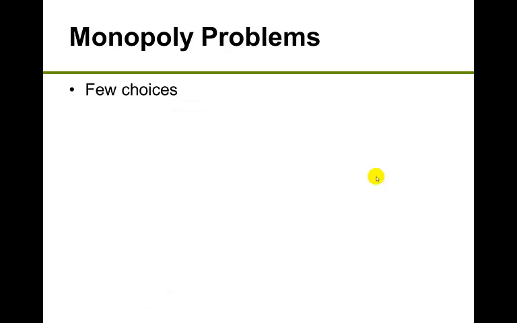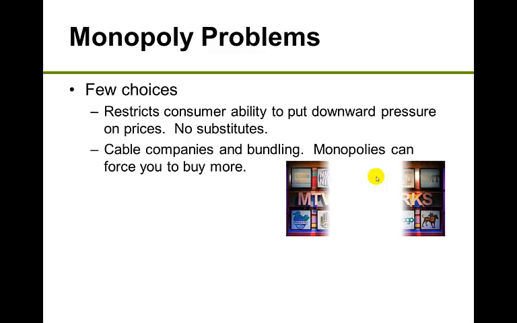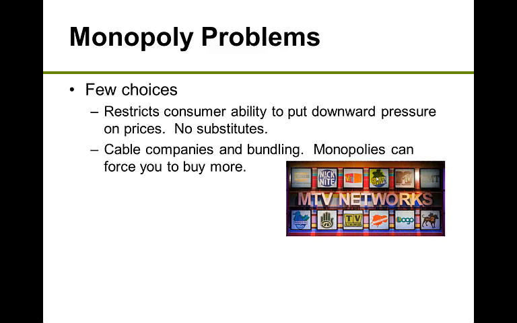Monopolies can also lead to other problems. So under a monopolist, you only have one choice. You can think about this in terms of all of those TV channels that you purchase along with the few TV channels that you actually watch. I don't know what's on MTV2.